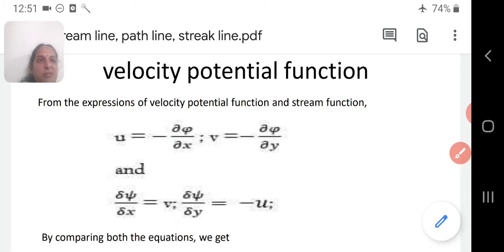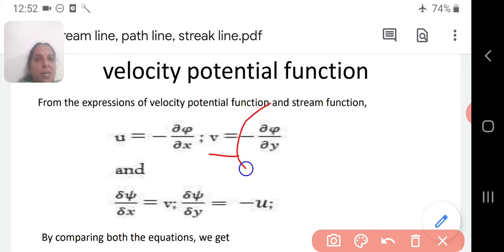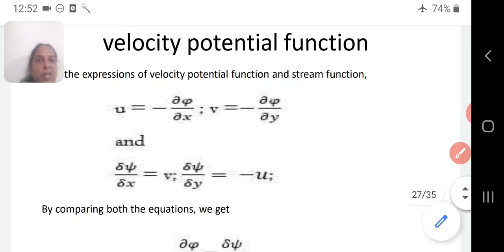Similarly in case of v, the velocity in the y direction, in terms of the potential function is minus ∂φ/∂y. In case of the stream function, the velocity is ∂ψ/∂x. So we have to equate this v and that v. So ∂φ/∂y is equal to minus ∂ψ/∂x.